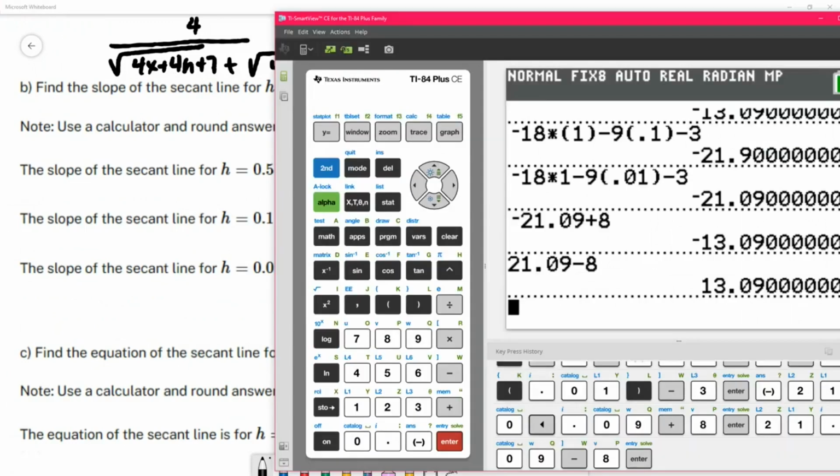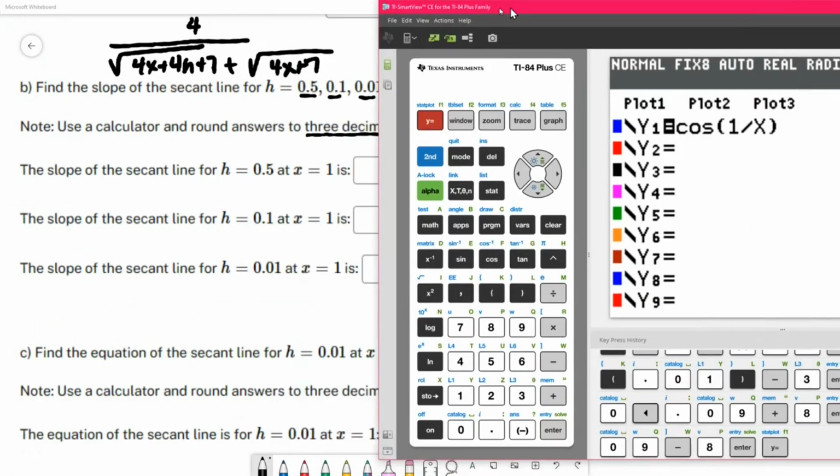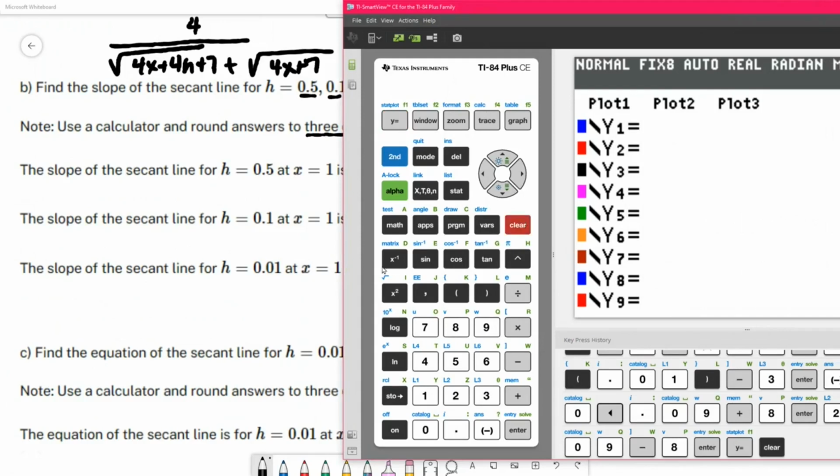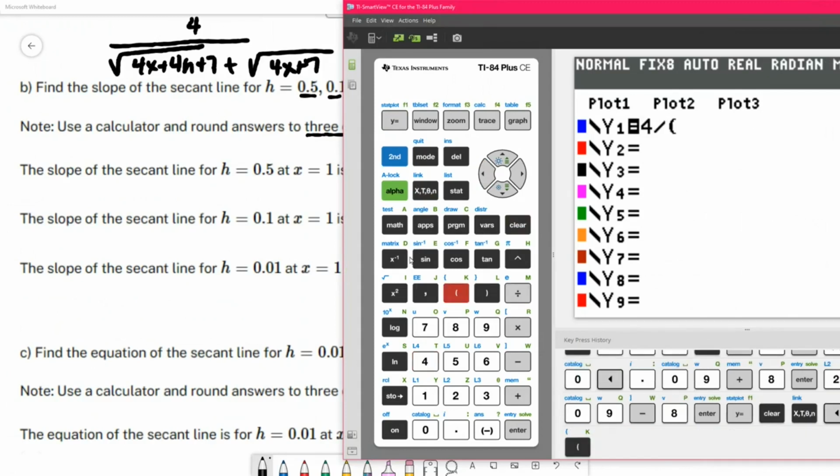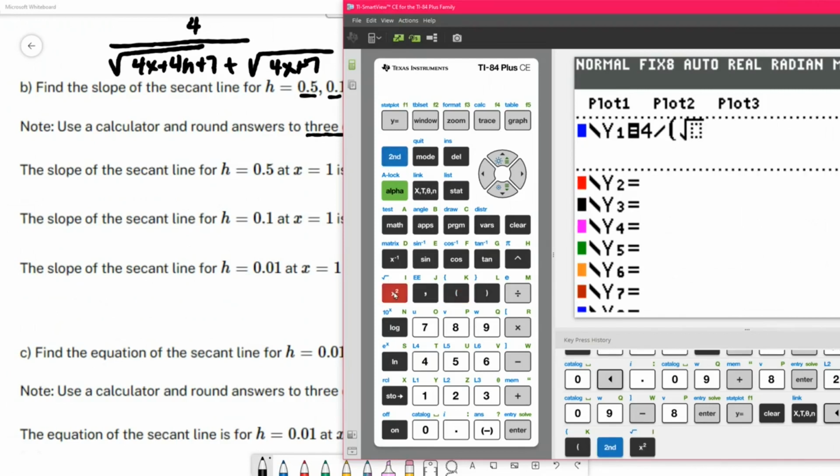So that would mean in my y equals menu, I'll type 4 over, I need parentheses around the denominator, square root, 4 times 1 is 4, plus 7 is 11, so we're going to write 4x plus 11.